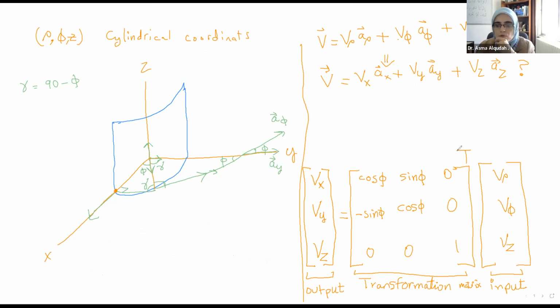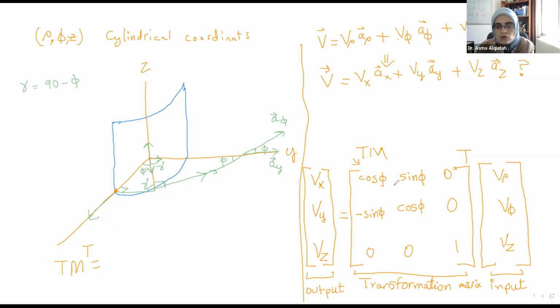So, the transformation matrix transpose: this is the transformation matrix, and we want to take the transpose of this matrix.